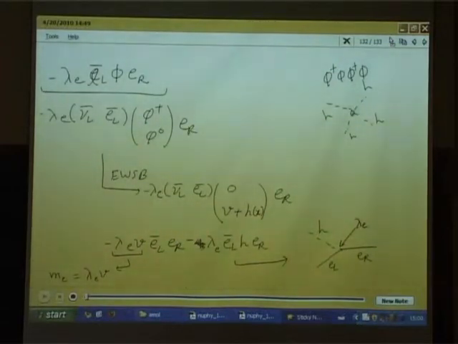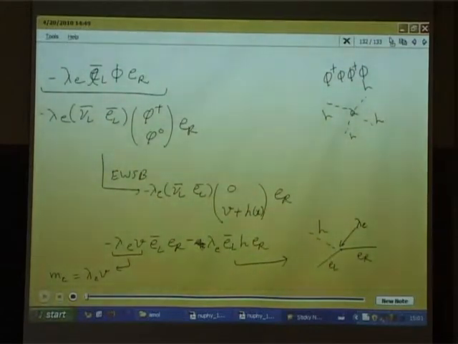So when we have some future collider, say an e plus e minus collision, and make a Higgs, we will know what this coupling constant is. So coupling constants with the Higgs and masses of particles are related.